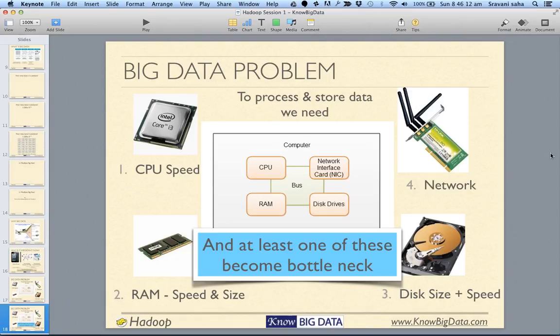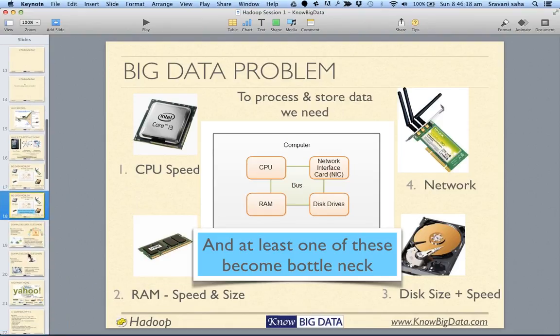Or we try to scale up vertically. All right, so that is the general aspect of computing, and these are the four things which basically decide whether something can be processed on one computer or not.